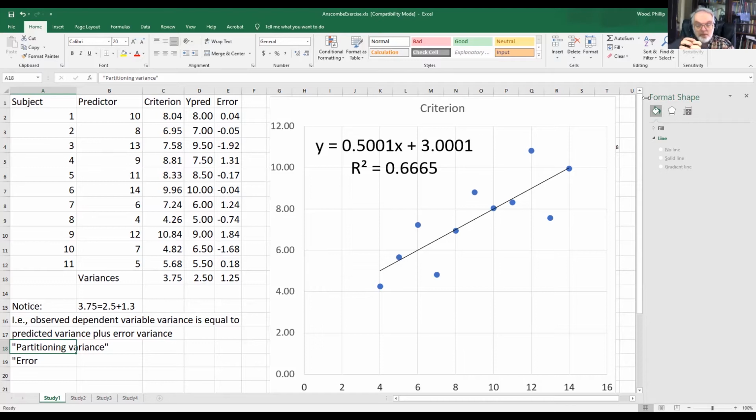But I'm thinking that when you get to research methods two, they're believing that A, you know what a correlation is, and B, you can think about a regression line. And the point that we made in the previous work was to say that a regression line is that line that minimizes the squared distance between the observed and the predicted values.